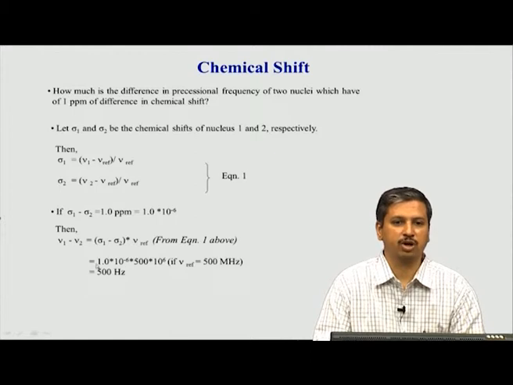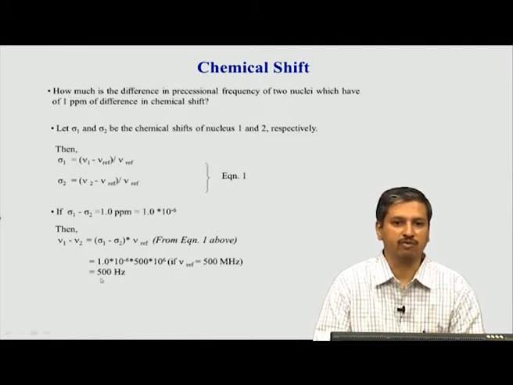And this is a very important point, because this number is coming from the spectrometer, and that will not be the same. If I go to 300 megahertz, I will have 300 as the value here. If I go to 700 megahertz, this will become 700. So, when I change the frequency of the spectrometer, this value changes, and the hertz value will also change. What it means is that the ppm difference between two peaks does not change if you go from 300 to 400 to 500 or any spectrometer.